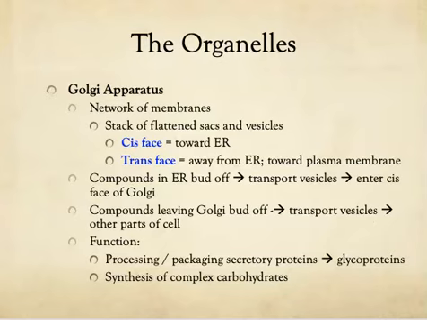Proteins are going to enter through the cis face and then will travel through the Golgi apparatus and exit through the trans face. Now, just like we see in the ER, proteins that are ready to leave the Golgi apparatus will be packaged into transport vesicles and will bud off of the surface of the Golgi apparatus.